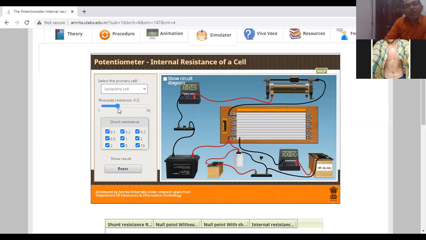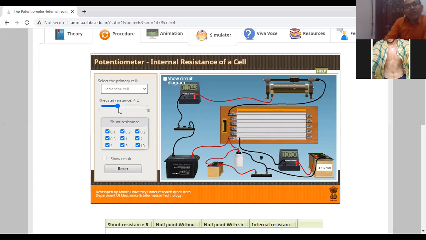So if you keep a resistance in the circuit as 4 ohm here, the rheostat is fixed. Why have we fixed the rheostat? Because to keep the current in the ammeter constant. So right now the current is constant in the rheostat.